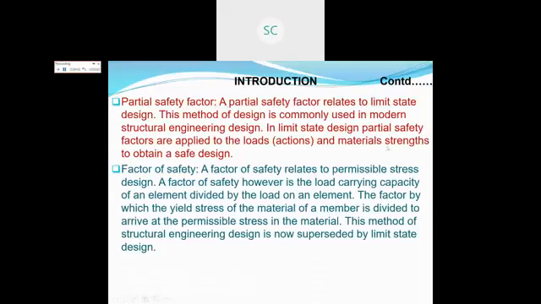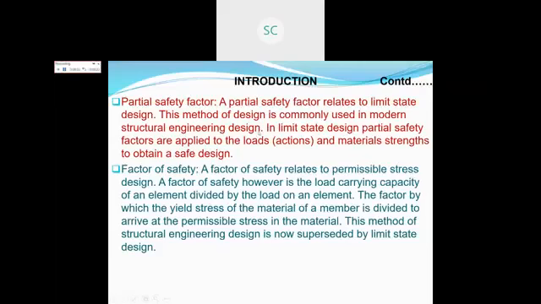So you see here, what is the partial safety factor? This is the most important part. A partial safety factor relates to limit state design, and this method of design is commonly used in modern structural engineering design.